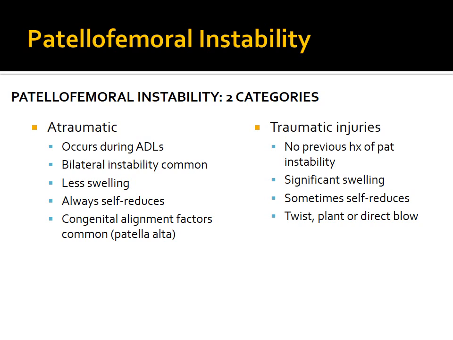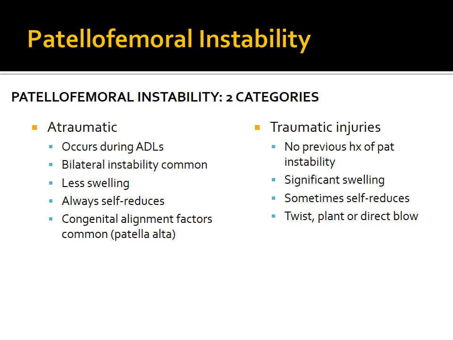It's more of a traumatic mechanism of injury, often involving a twisting mechanism with the knee in nearly full extension. Sometimes they self-reduce right when the knee is extended, but sometimes an external force is needed to reduce the patella, and occasionally they even present at the emergency department needing to still be reduced.